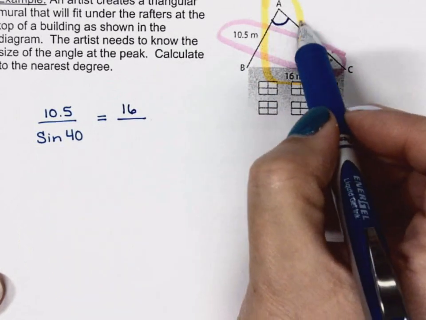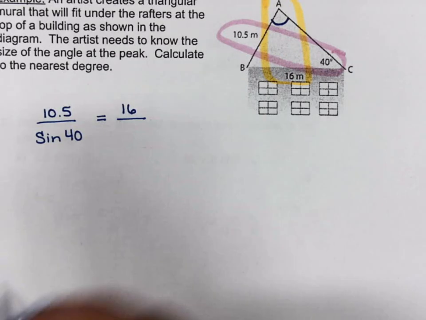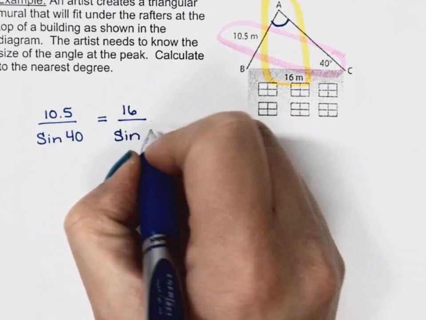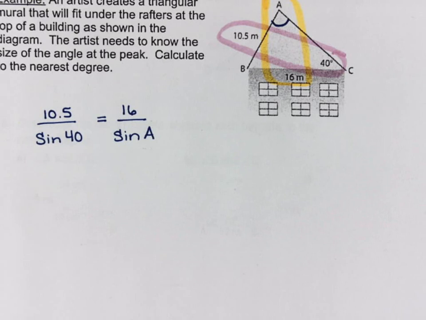I don't know this angle. You can either use the letter A or you could use theta. Either one will work. I'm going to use the letter A. Capital letters represent angles, so you want it to be an uppercase letter, whatever you choose, unless you're using Greek letters, and then I would encourage you to use theta.